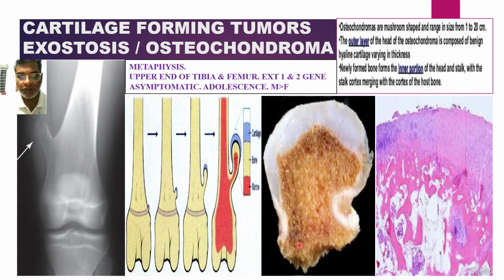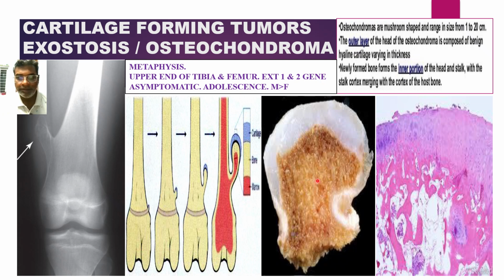This picture shows the glistening outer layer of this osteochondroma. Okay, this is made up of hyaline cartilage, and you see the tumor cells. This is the inner portion, newly formed bone.